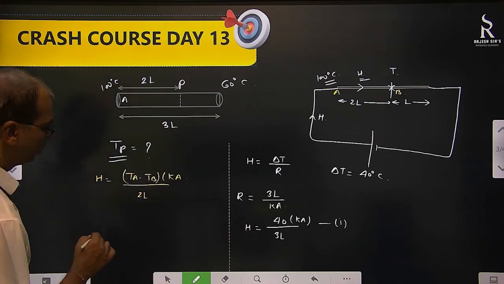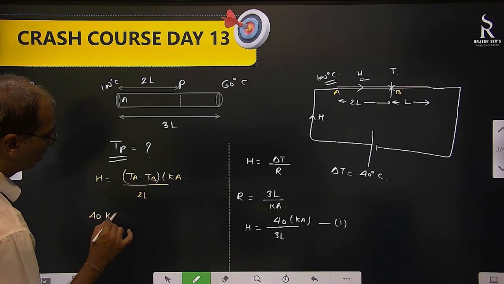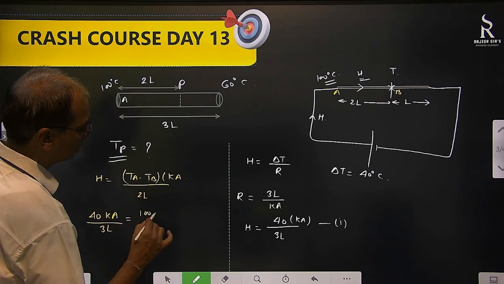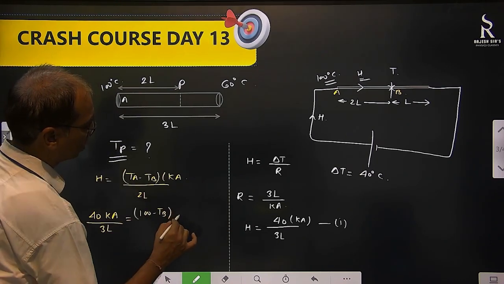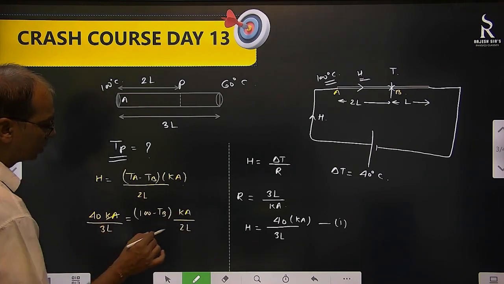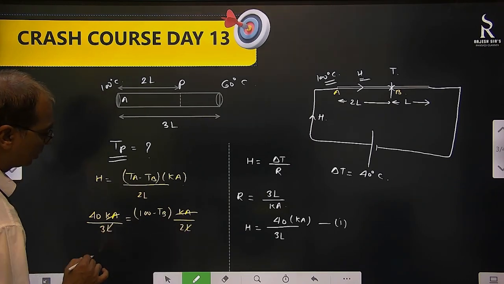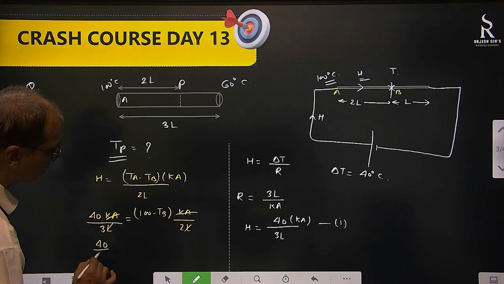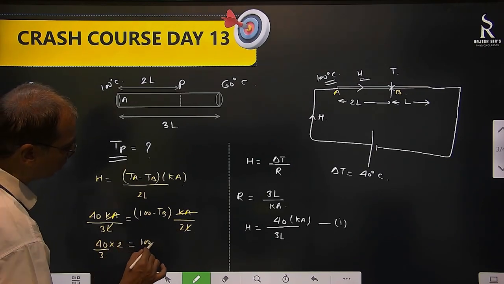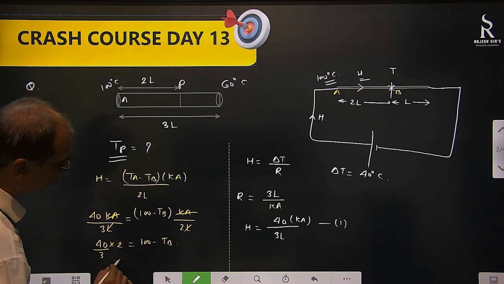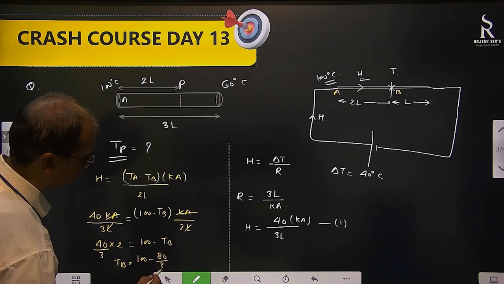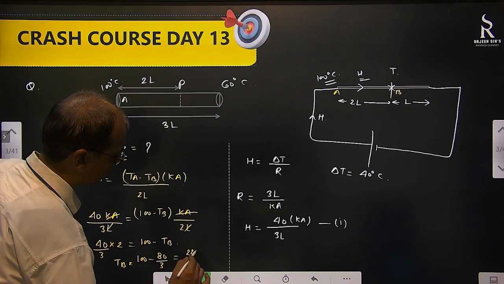H value is this, that is 40 Ka by 3L, equal to Ta is 100, Tb we are finding, by 2L by Ka. So Ka cancelled, L cancelled. This is 40 by 3 into 2, equal to 100 minus Tb. So Tb equal to 100 minus 80 by 3. It will be 220 by 3.